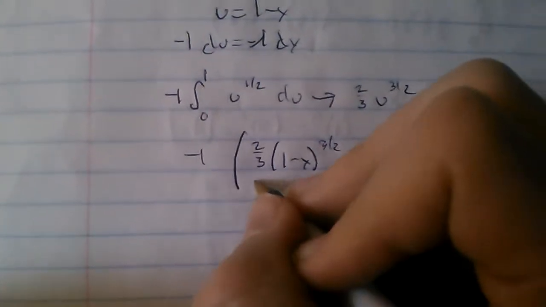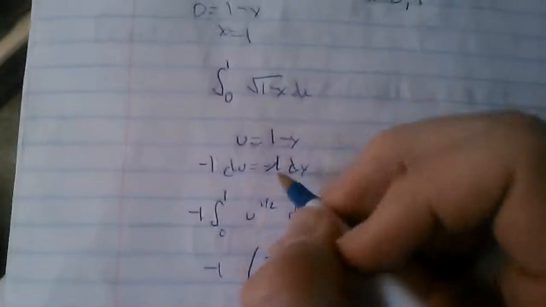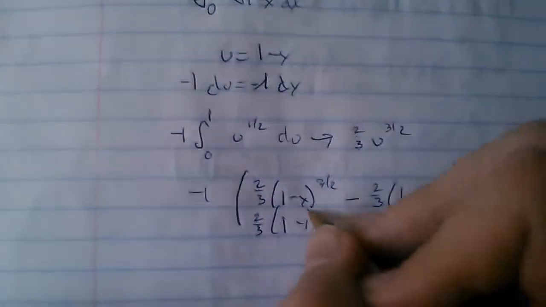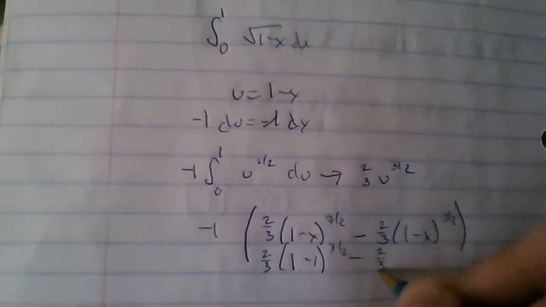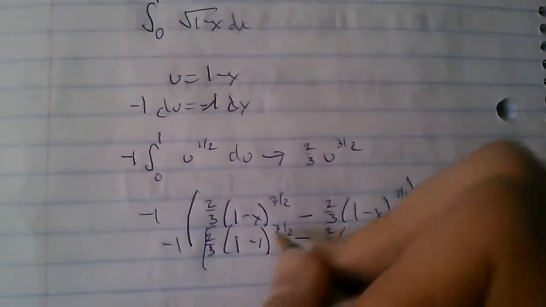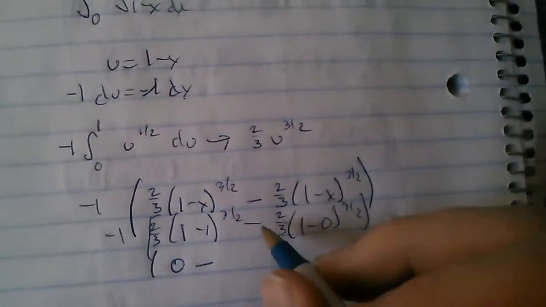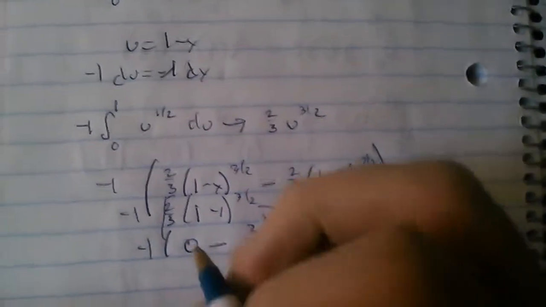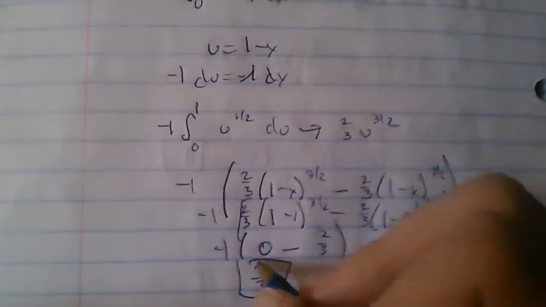Here we have 2/3 (1 minus 1) to the 3/2 minus 2/3 (1 minus 0) to the 3/2, all times negative 1. Well, 1 minus 1 is 0, and 0 to any power is 0, and 0 times anything is 0. So that's 0 minus 1 to the 3/2, which is 1, and 2/3 times 1 is 2/3. So we have 0 minus 2/3, which is negative 2/3, times negative 1 is 2/3 as our area.